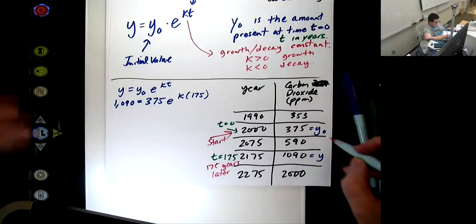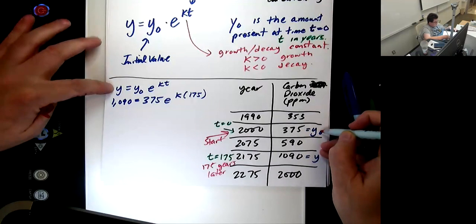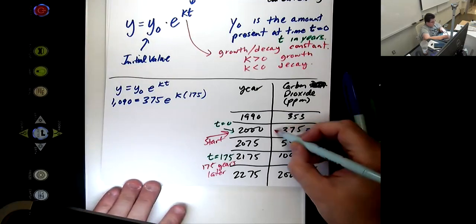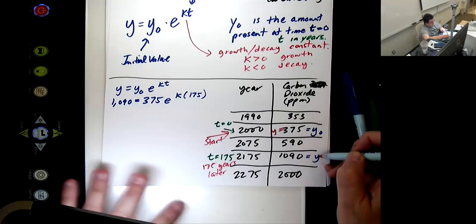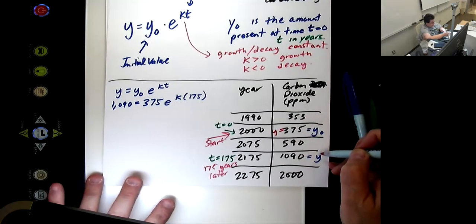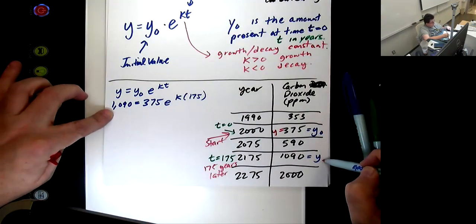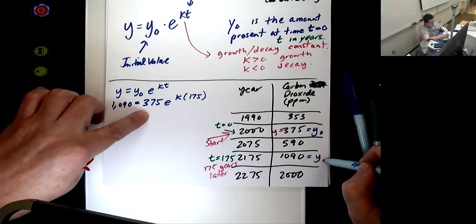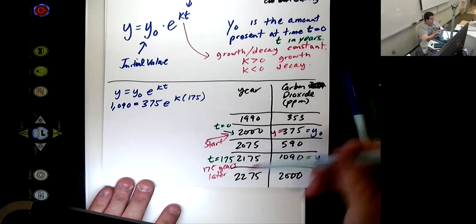So if I plug in t equals 0, I get y equals 375 times e to the 0, so y is the same value here. If I fast forward 175 years, I never found out what k was using this, but I know what the future amount should be. It should be 1090. I started with 375. I've done 175 years. I can use this to find k.